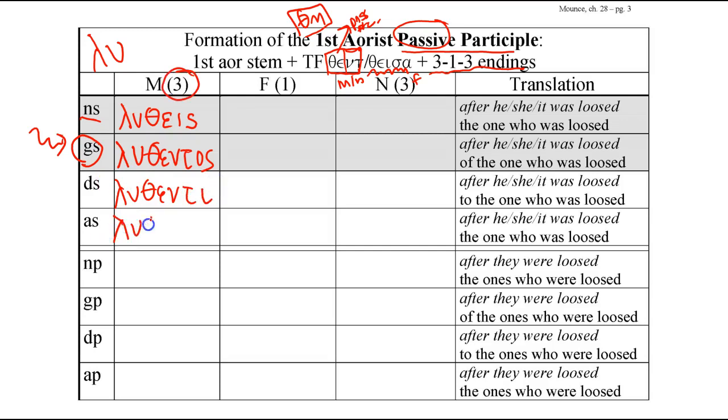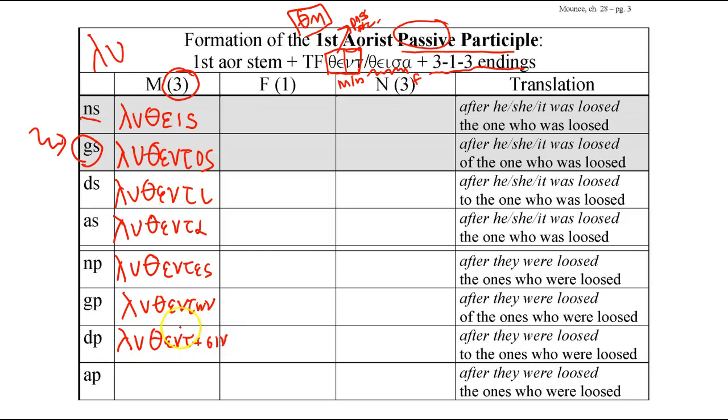The accusative form is luthenta. The nominative plural form is luthentes. The genitive plural form is luthentone. The dative plural form is luthent plus si or sin.